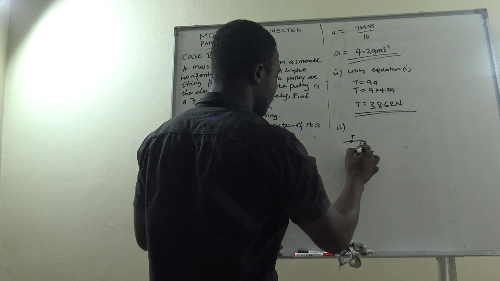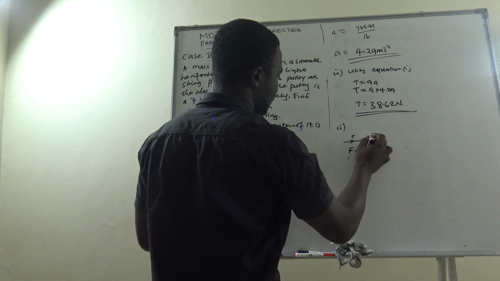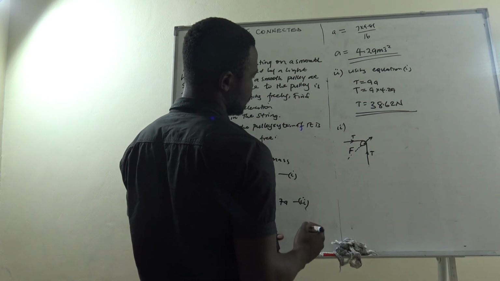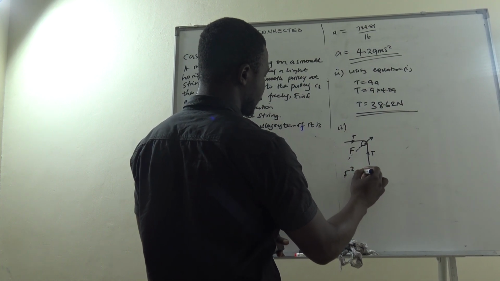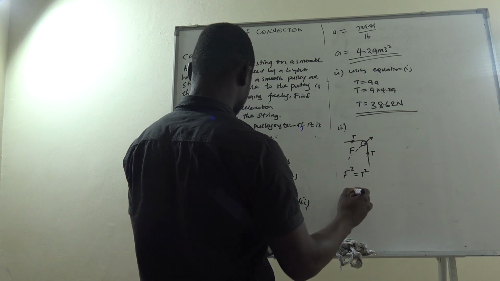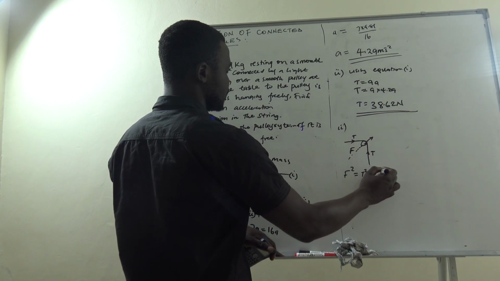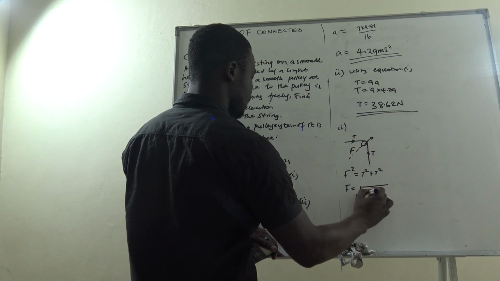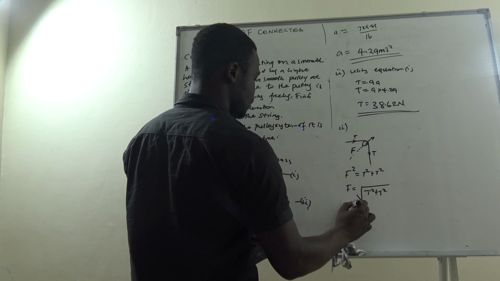Now, for us to get the resultant force, we see that it should be acting at right angles, and for us to be in position to get the resultant force, we use Pythagoras theorem, which shows that this is F squared equals T squared plus T squared. Therefore, our resultant force is the square root of T squared plus T squared.